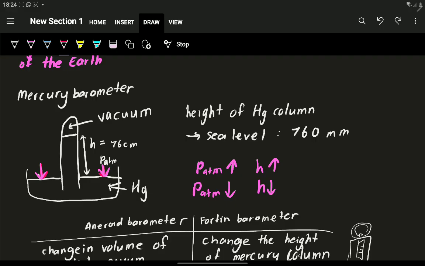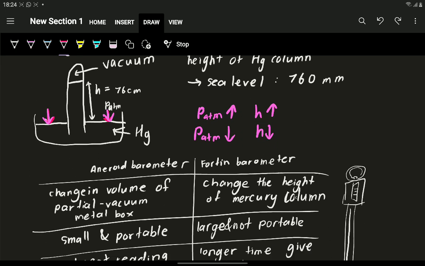So the height of the mercury column, at sea level, the height of the mercury column is 760 millimeters, which is also 76 cm. And when the atmospheric pressure increases, the height of the mercury column also increases. If the atmospheric pressure decreases, then the height of the mercury column decreases.